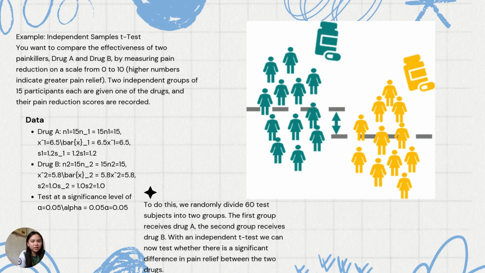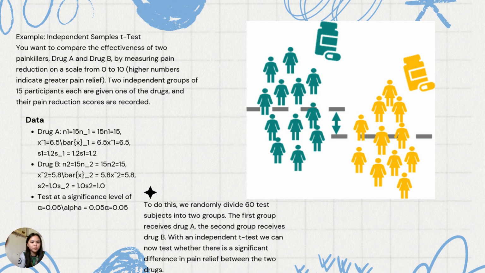Example, for an independent sample test, you can compare the effectiveness of two pain pills, drug A or drug B, by measuring pain reduction on a scale from 0 to 10. A higher number indicates greater pain relief.